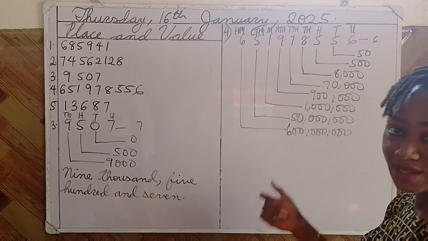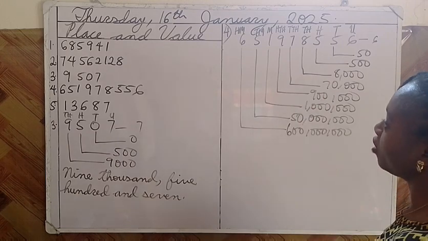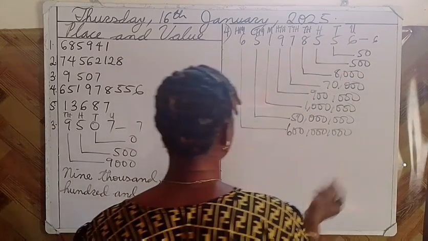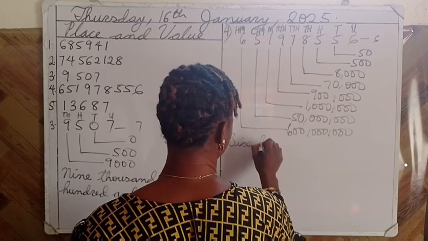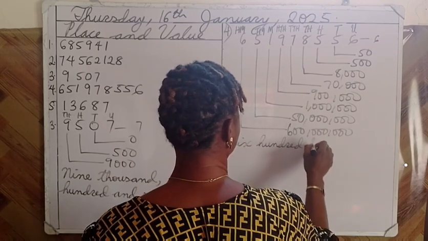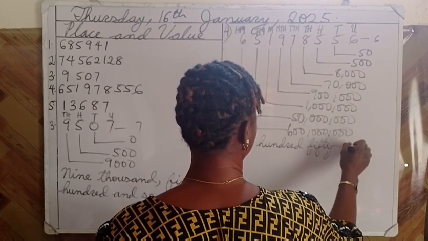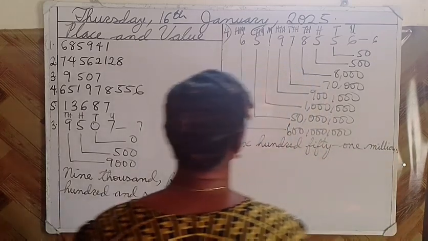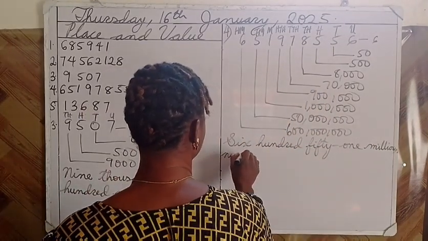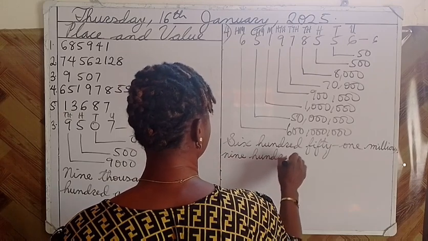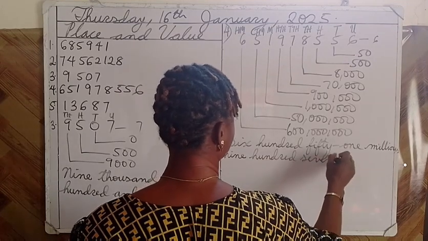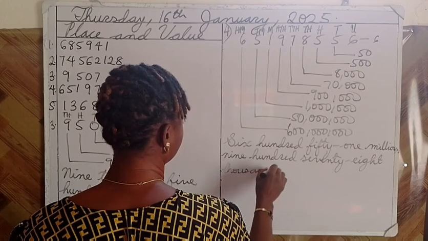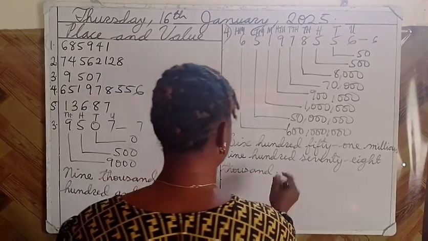Right? Now we're going to write these numbers in words. Judging from the place of 6, we would say 651 million, right? 651 million, 978,000, 556.